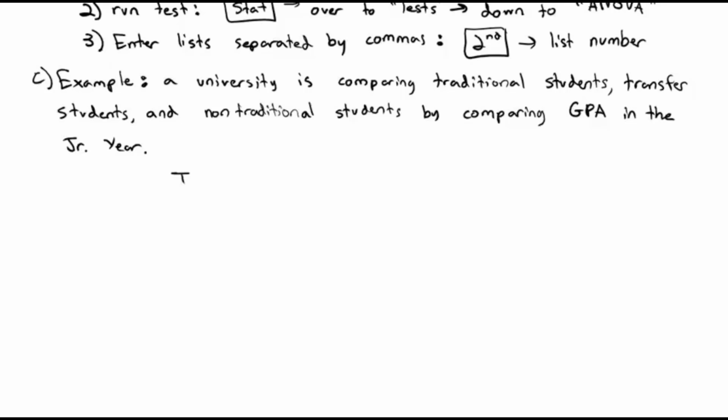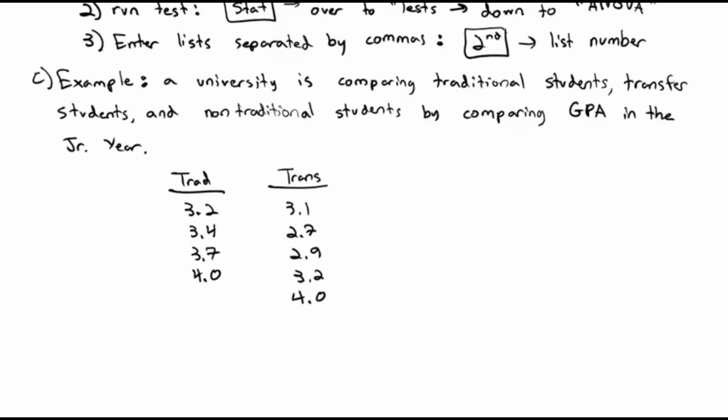Here are their results. The traditional students had GPAs of 3.2, 3.4, 3.7, 4.0. The transfer students had GPAs of 3.1, 2.7, 2.9, 3.2, and 4.0. And the non-traditional students had GPAs of 3.4, 2.2, 2.7, and 2.8.